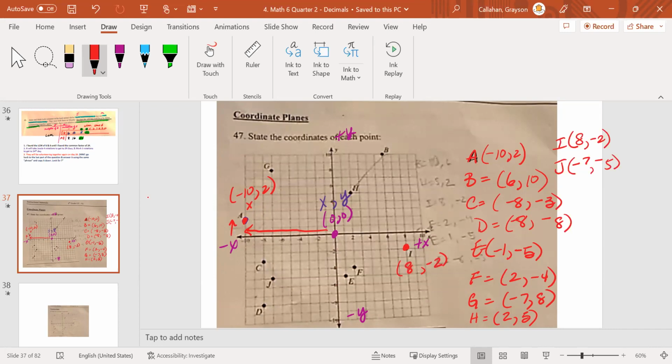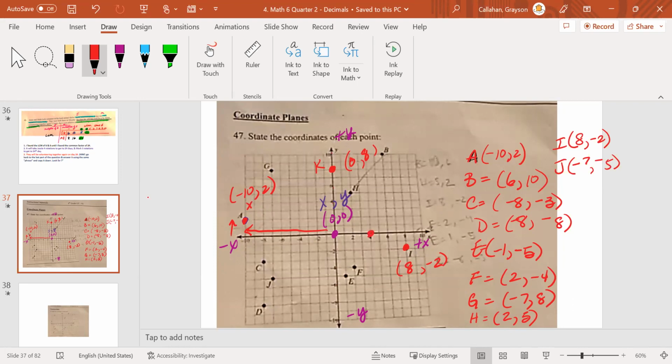Good. What about this one here? I'll just use that one. Let's just say that one is gonna be K. What's the location of that? 0 and 9. 8. Let's go by 2s because that's 8. 6, 8, 10, right? Okay. That's okay.